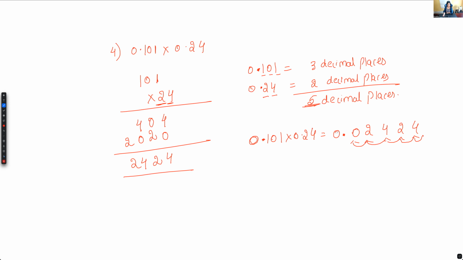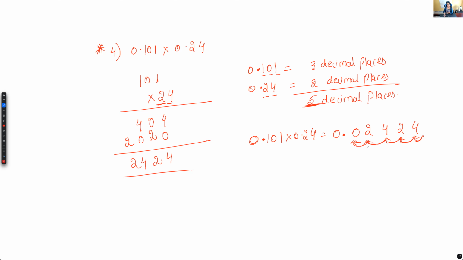So this is an important question compared to the other questions, because in this case we got 5 decimal places, but in your answer we have only 4 digits, like 2424, but we have to jump 5 places. So this is the first jump, second jump, third jump, fourth jump, and fifth jump.